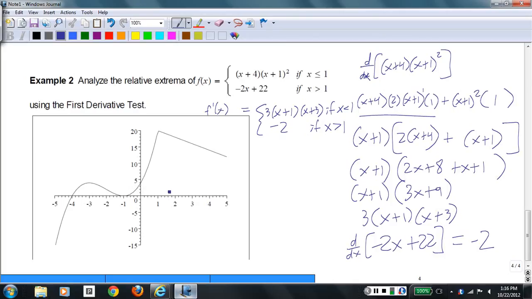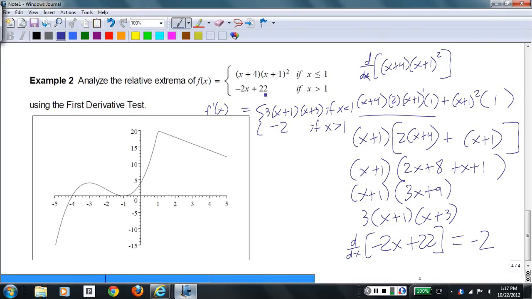They need to be approaching the same amount of steepness, so that when they fit together, they'll have the same slope. It also needs to be continuous there. Now the continuity is fine, because if you evaluate the top expression at 1, you get 5 times 2 squared, which is 20.